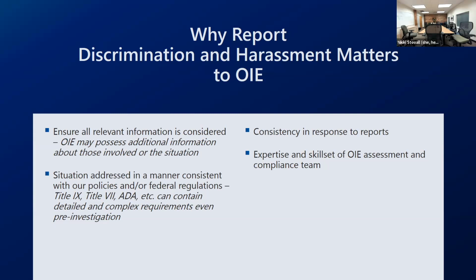So we may see, perhaps on its face, this really doesn't seem like something that's serious. Maybe we'll be able to handle this, doesn't seem egregious. We could just handle this internally. But what you may not be aware of is perhaps our office has identified some pattern related to an individual, or we may be aware of additional individuals who have also reported or are being impacted by certain behavior. So that's why we just say to always err on the side of making our office aware.